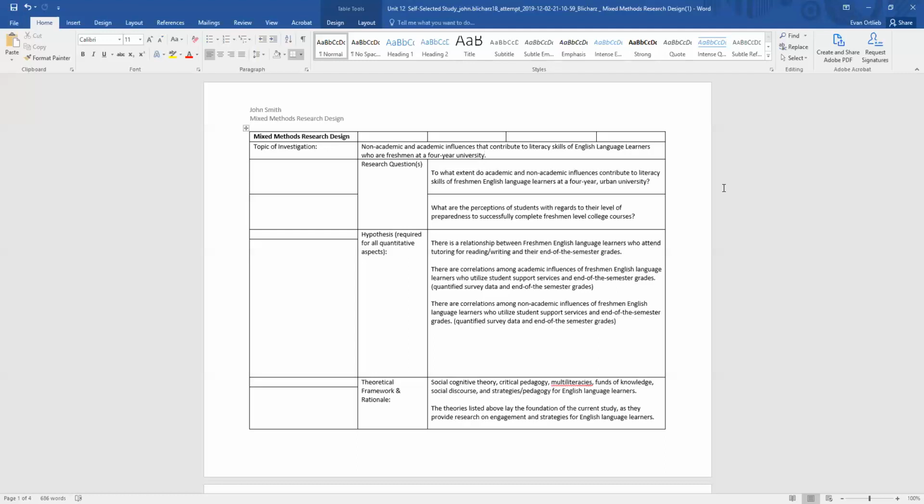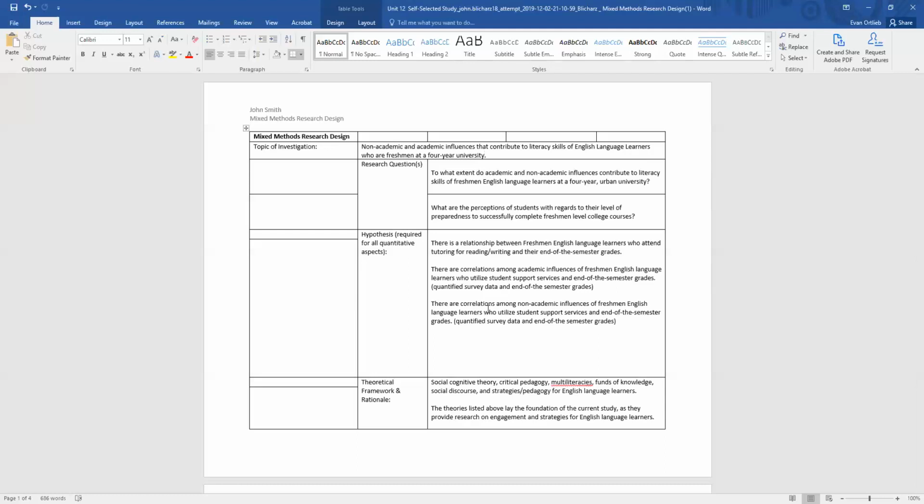What are the perceptions of students with regards to their level of preparedness to successfully complete college freshman level college courses? Those sound good. I don't really have too much input into how to improve those. I feel like those have been refined over the course of this semester.